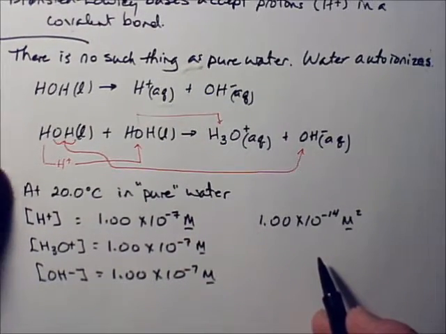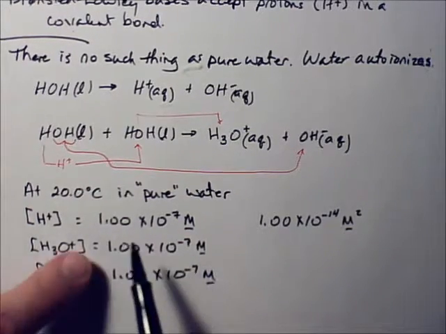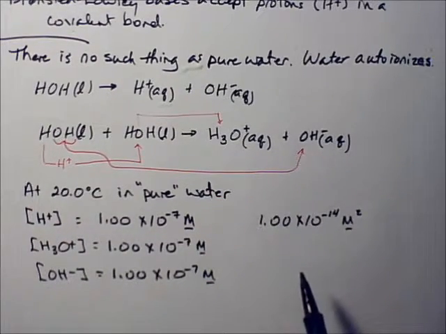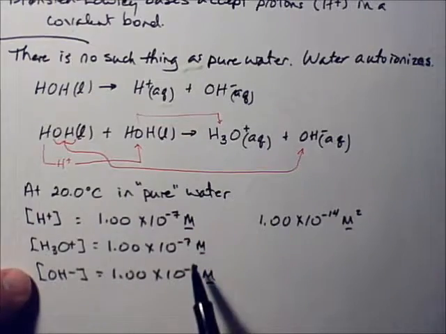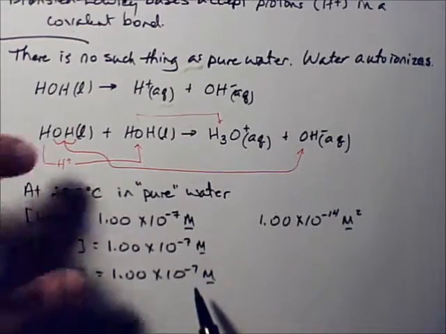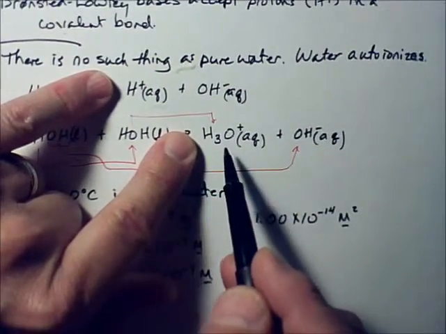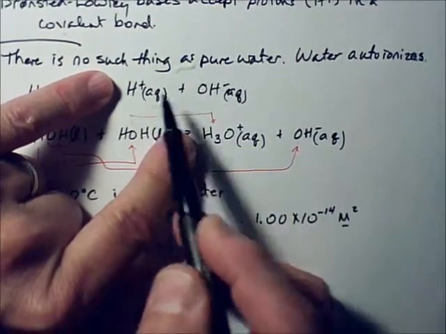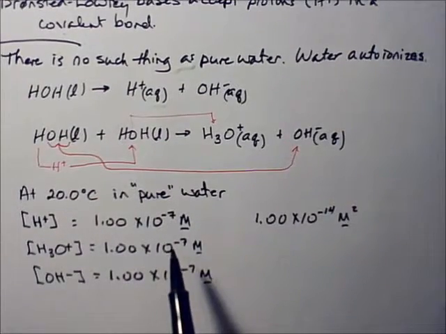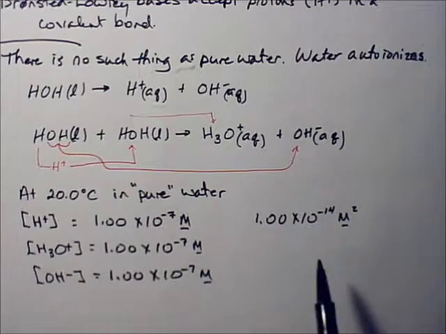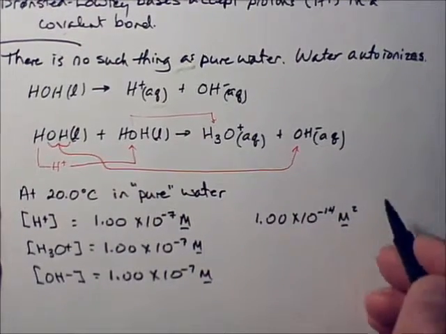Super important. So how did you get that again? We multiplied the hydrogen ion concentration times the hydroxide ion concentration, or the hydronium ion concentration times the hydroxide ion concentration. Basically, the product of both these two equations: hydronium times hydroxide, or hydrogen times hydroxide. Got it? We multiply those together and we get this number.